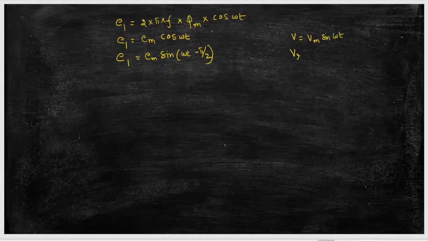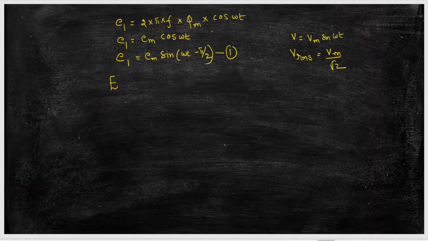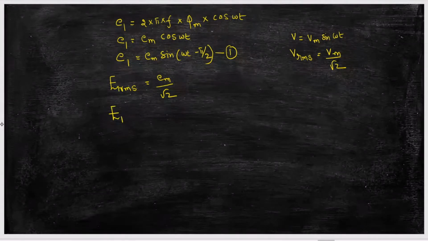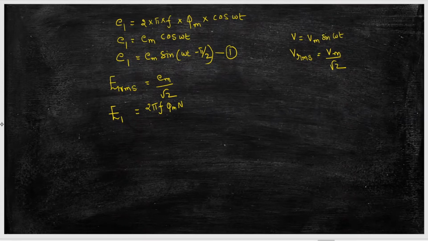For a sinusoidal wave, Vrms is equal to Vm by root 2. Similarly, if I want to find the RMS value of the above voltage, E rms is equal to Em by root 2. What is Em? E1 RMS is equal to 2 pi f phi m, sorry, here I have missed NP.